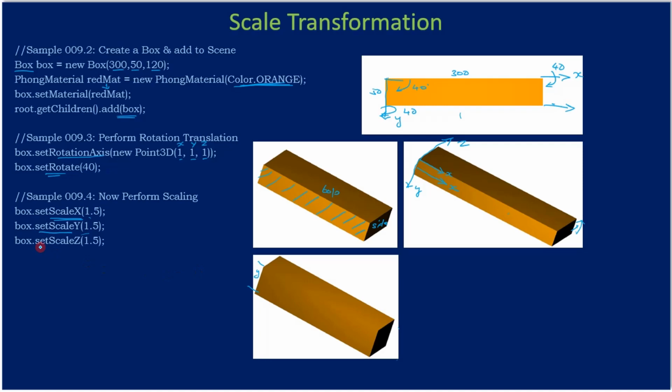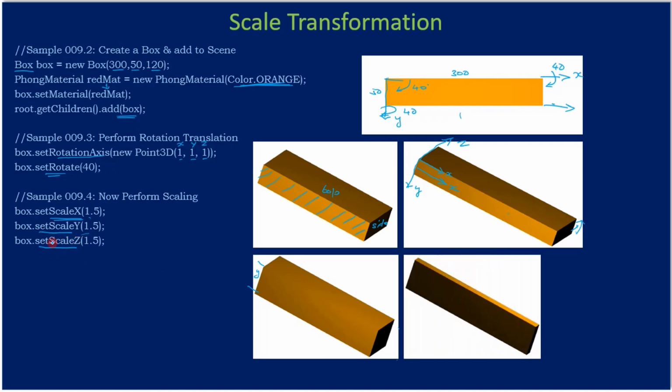Finally we set scale on Z also. What happens? So this is 0.25 maybe. So in Z direction this becomes thin. So we already scaled the Y, we increased the X but compressed the Z. So the box becomes a slab here.